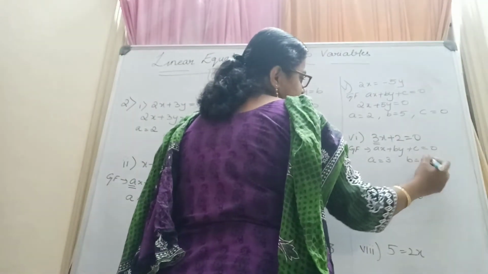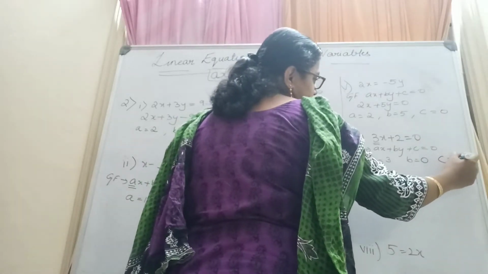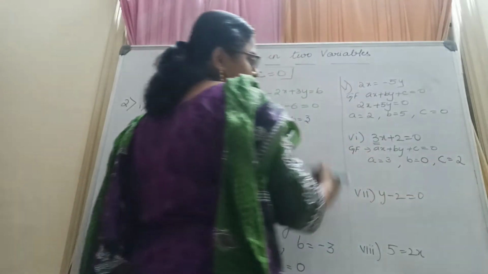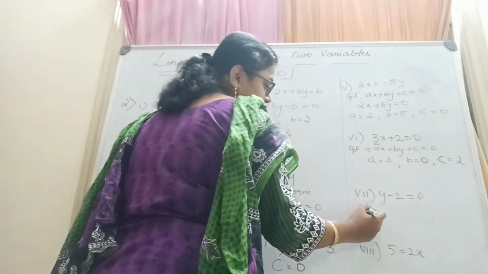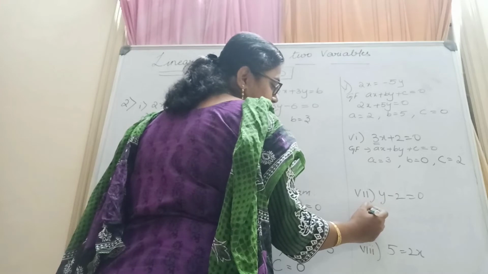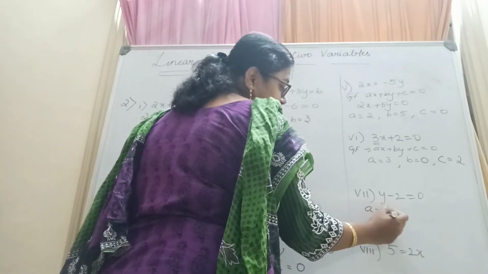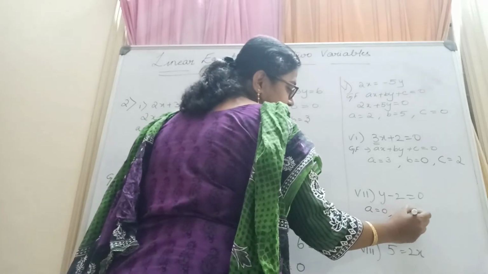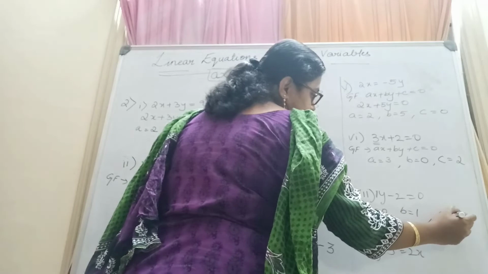So b is 0 and the constant term is 2. Similarly, in the next question, do you have the coefficient of x term? You don't have an x term at all. So a is 0, b, the coefficient of y term, is 1 and c is minus 2.